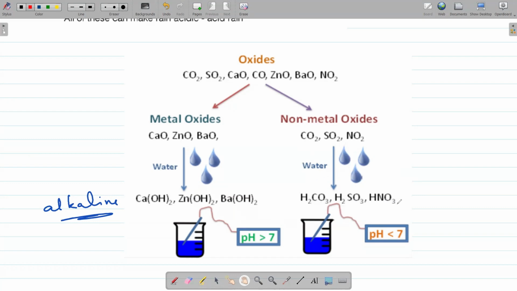These are acidic solutions which have a pH less than 7. This is a simple flow chart which will help you remember the metal oxides, which are basic oxides, and non-metal oxides, which are acidic oxides.